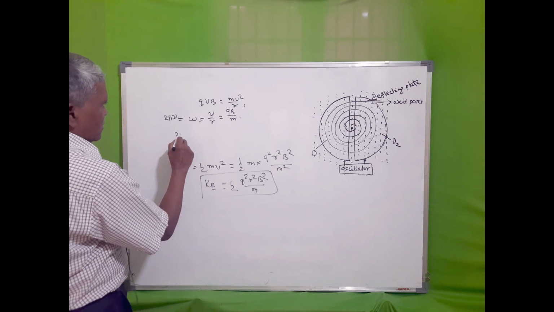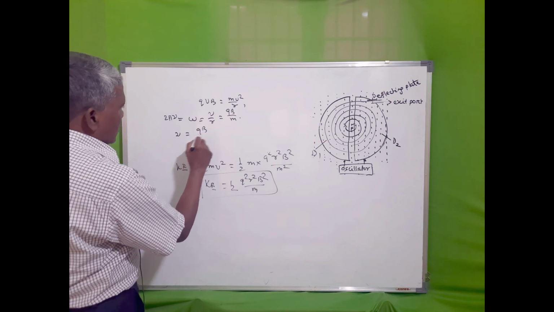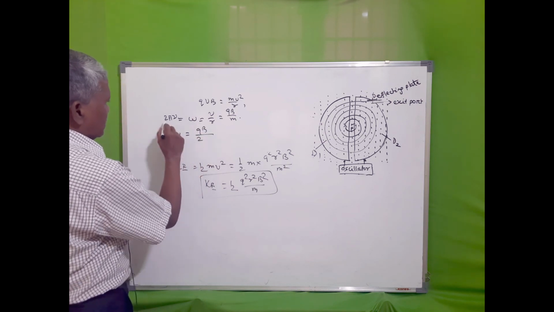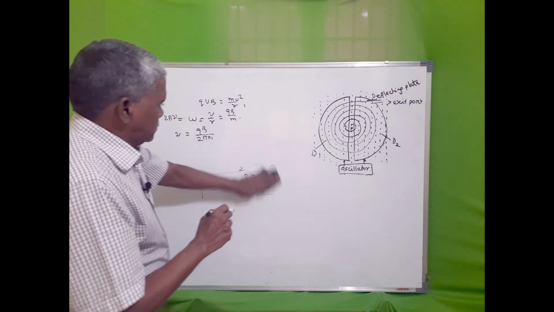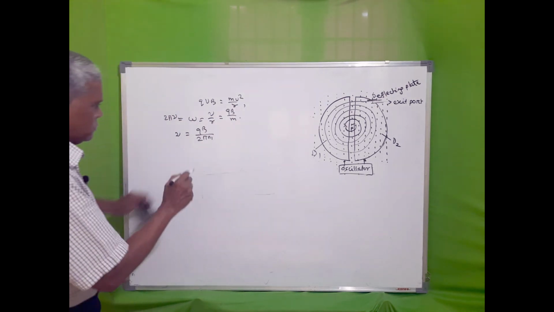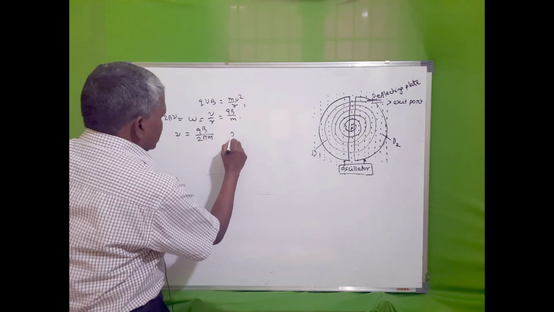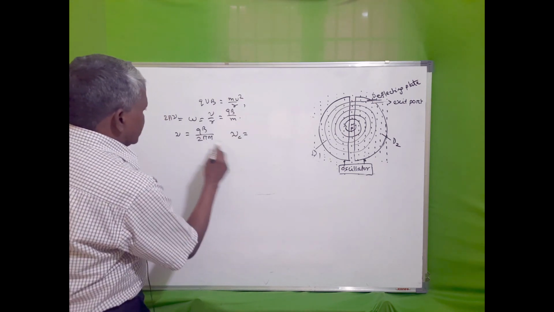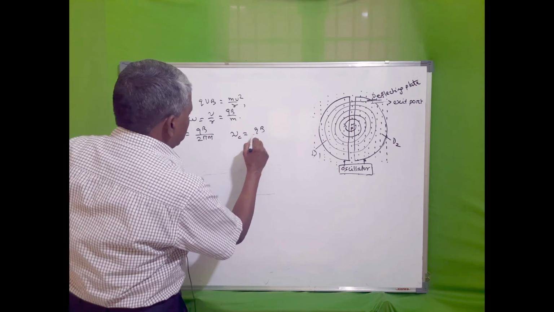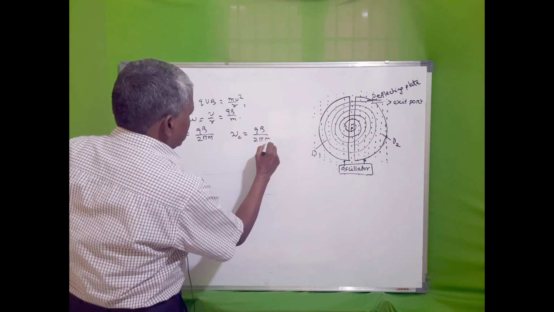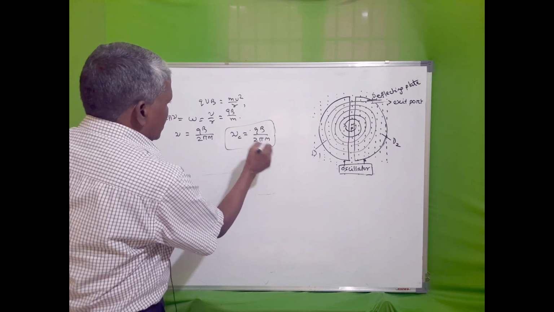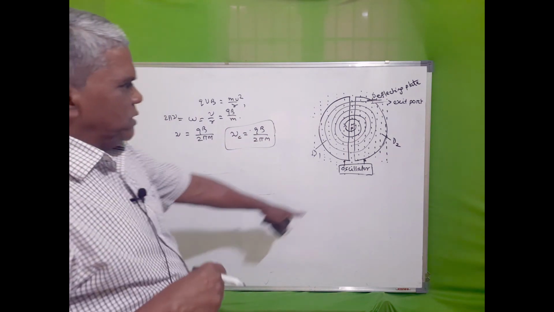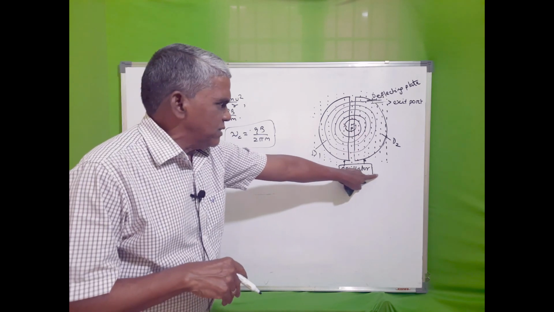So nu is equal to qB by 2 pi m, which is known as cyclotron frequency. According to this value, the frequency of the oscillator is adjusted.